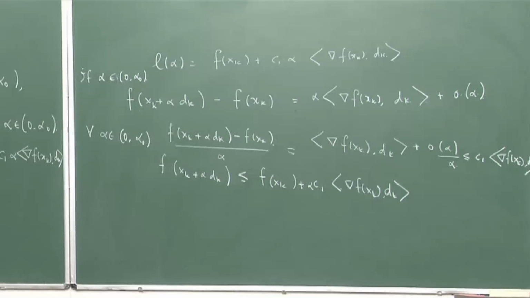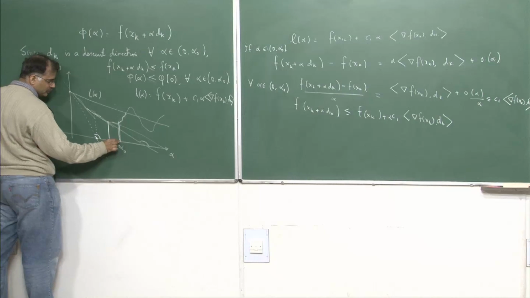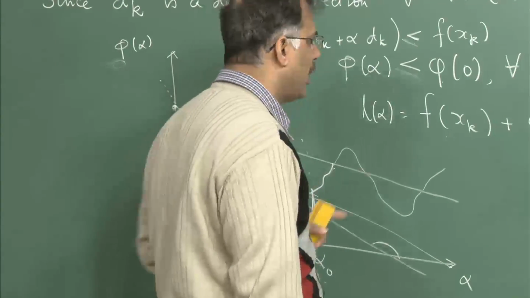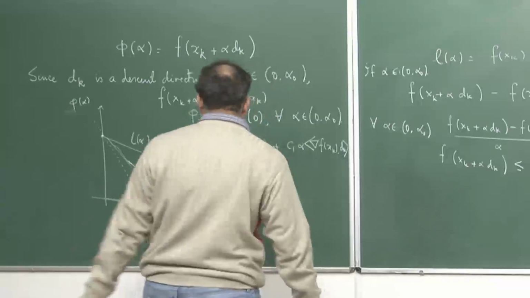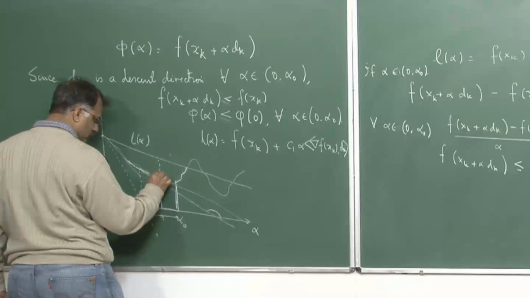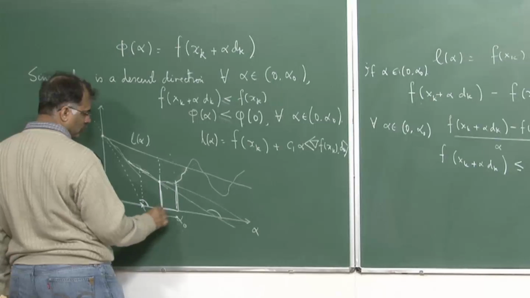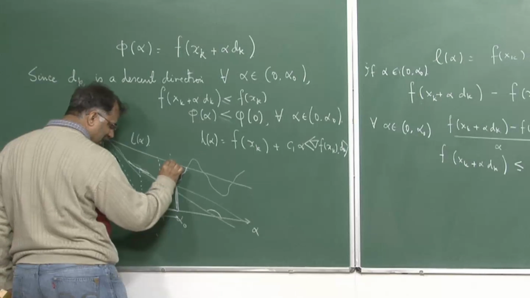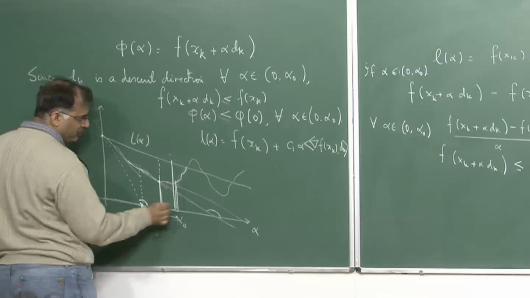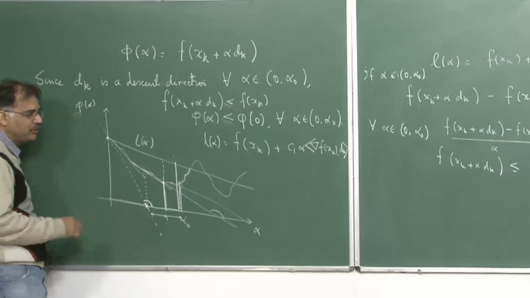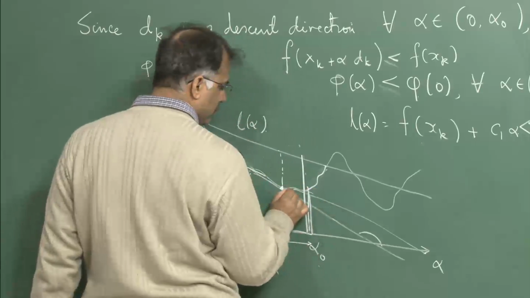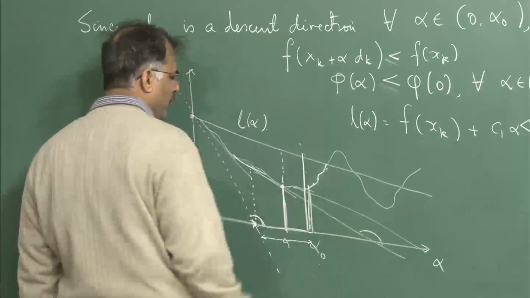Now you see, I have said that till alpha naught, my Armijo conditions are met. So maybe I take some alpha here, or some alpha just slightly less than alpha naught. Now this is a continuous function, and in this interval it will have a minimum, possibly here, and then it goes up like this.